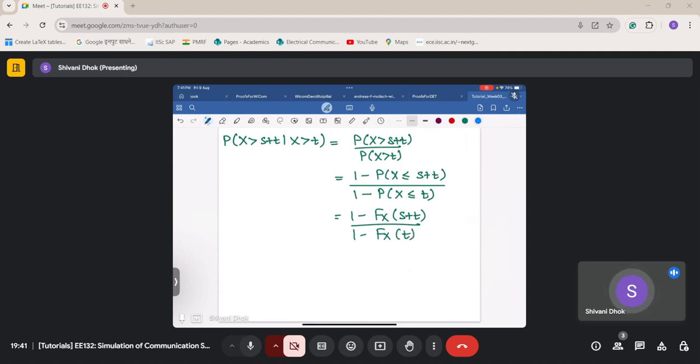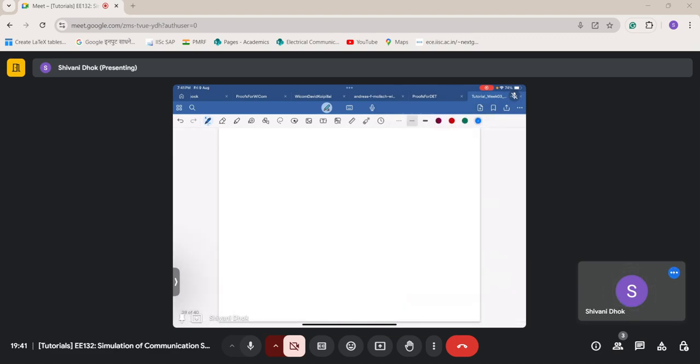Now what is the CDF given to us? We are given fx of x equal to 1 minus e power minus lambda x for x greater than or equal to 0. Okay, so therefore what we get is probability that x greater than s plus t given x greater than t, which is equal to 1 minus fx of s plus t upon 1 minus fx of t.